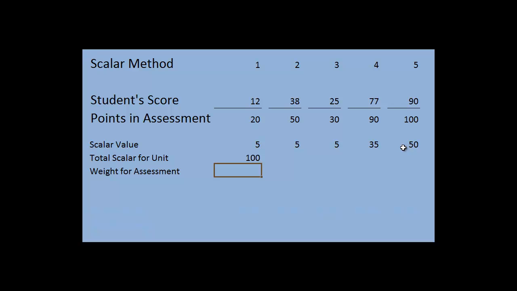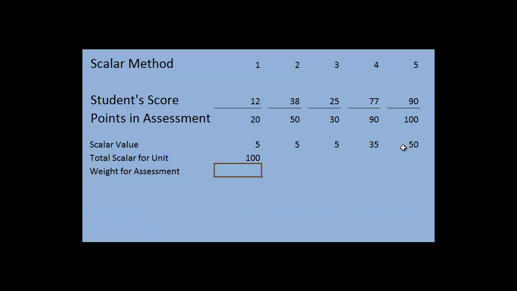Now, it just so happened that the scale value that I had assigned for each of these 5 assignments added to 100. But we'll show you here a little later how those scale values can really be any number you wish. I sometimes like to think of things out of 100 just for ease of math.